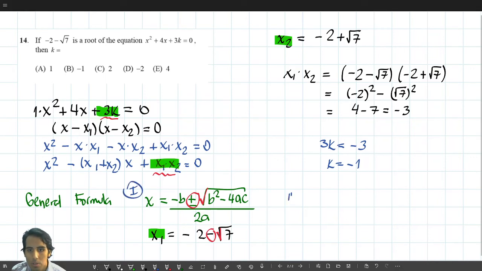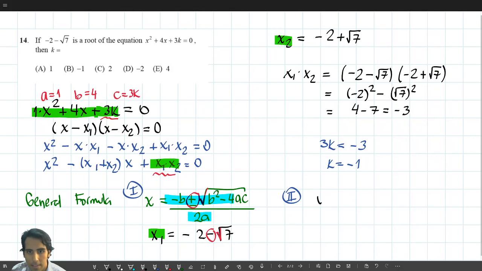The second approach is that from the original polynomial, we know the coefficients: a equals 1, b equals 4, and c equals 3 times k. And we can replace the values in the formula, like we're going to do very quickly.